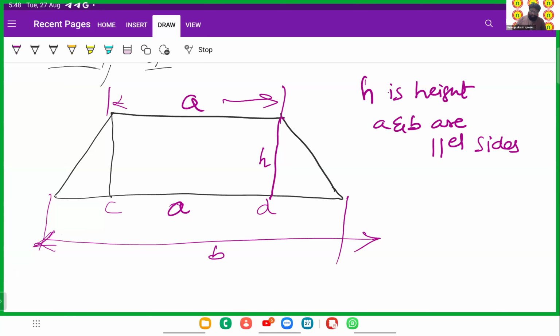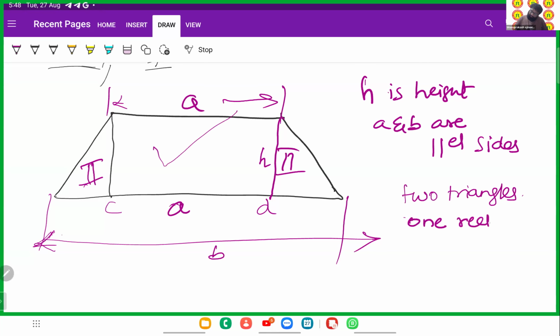So here the trapezium is divided into three parts: one rectangle and two triangles. The two triangles and one rectangle sum up to the trapezium.